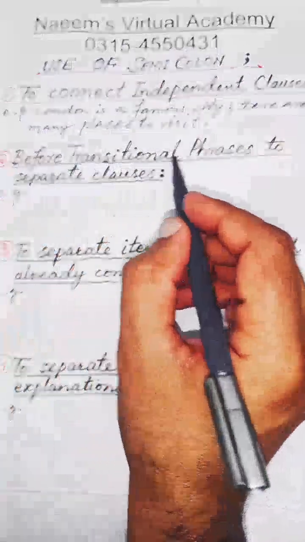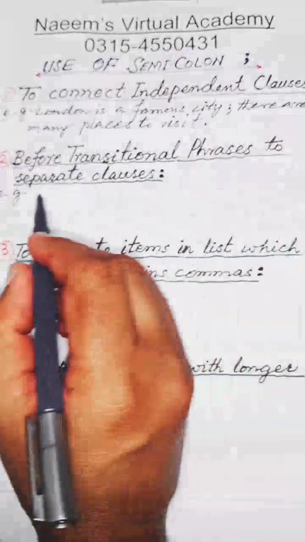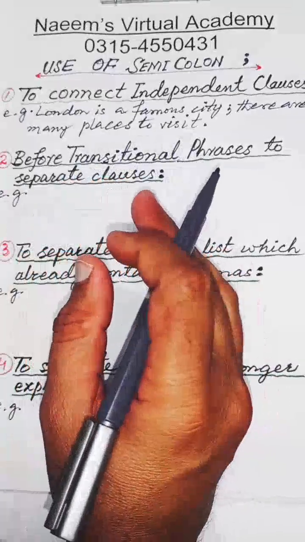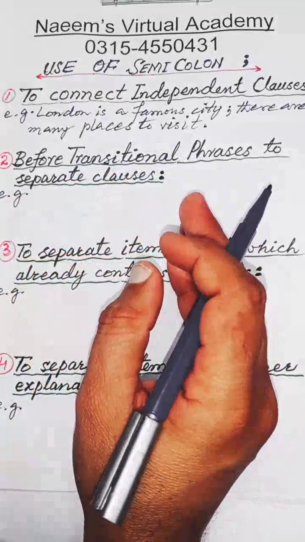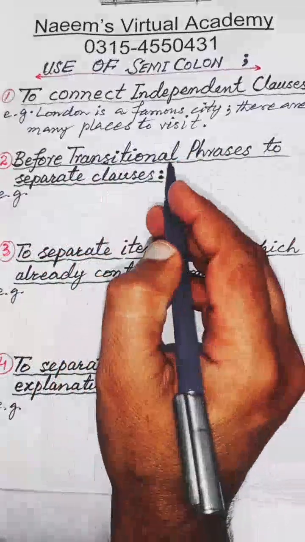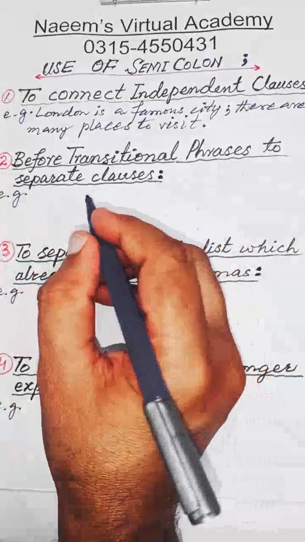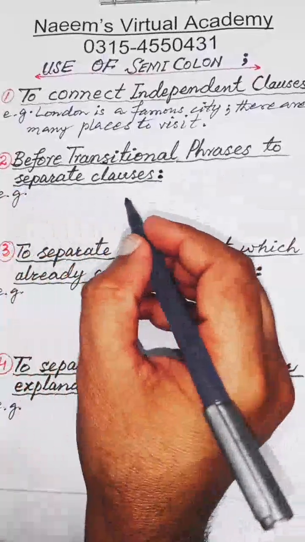Use number 2 of semicolon: before transitional phrases to separate clauses. I mean, one sentence, and after the semicolon you will use a transitional phrase or word. Those phrases are, for example, however, therefore, thus, consequently, like those. I'm just giving you two examples here.